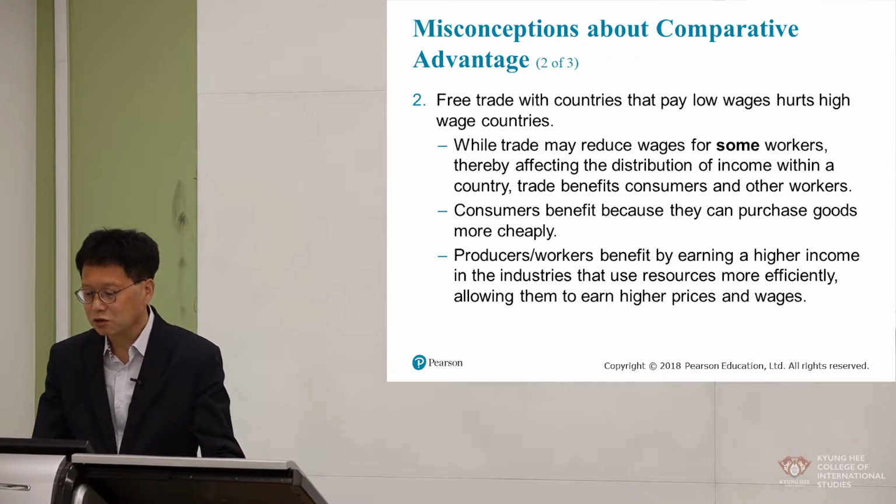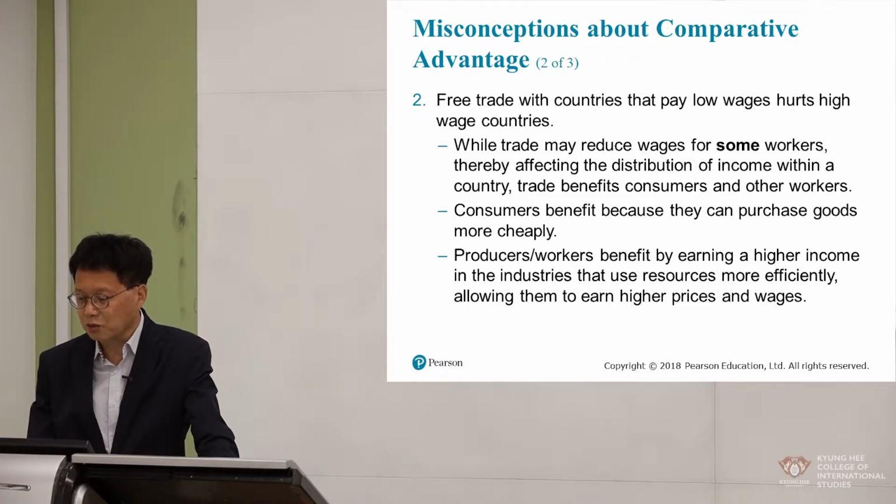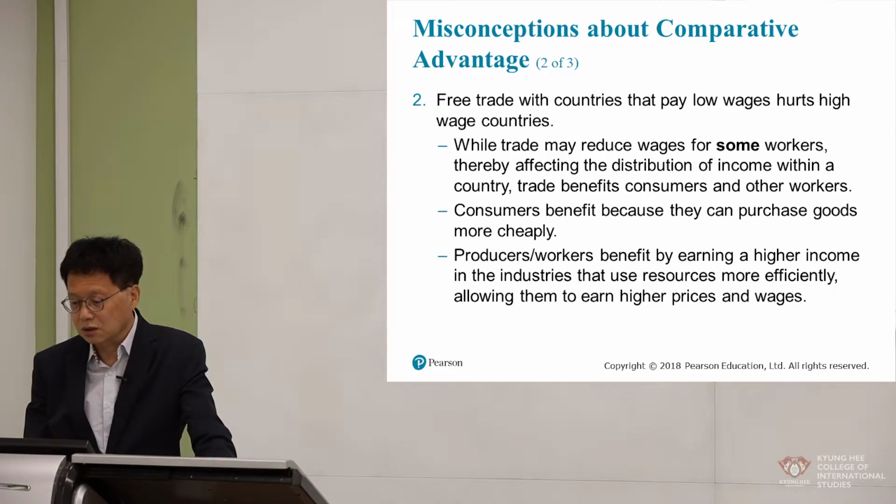While trade may reduce wages for some workers, thereby affecting the distribution of income within a country, trade benefits consumers and other workers, right? So consumers' welfare increases because they can purchase comparative disadvantage goods at a cheaper price than in the autarky situation, okay?